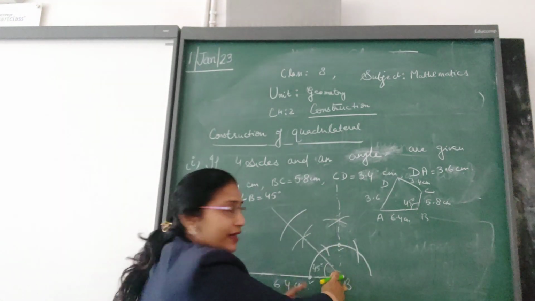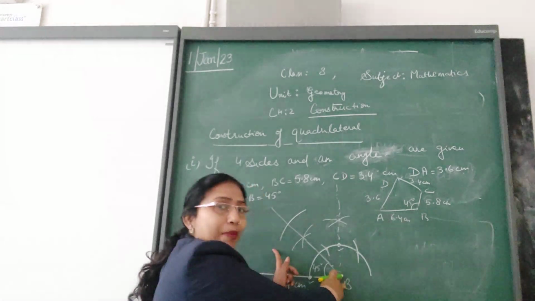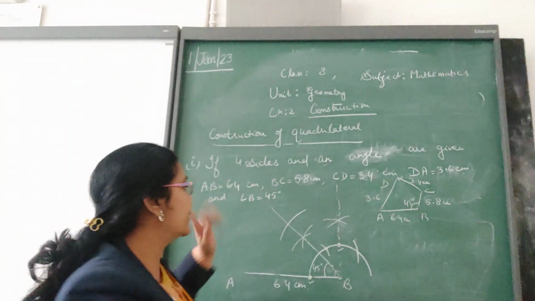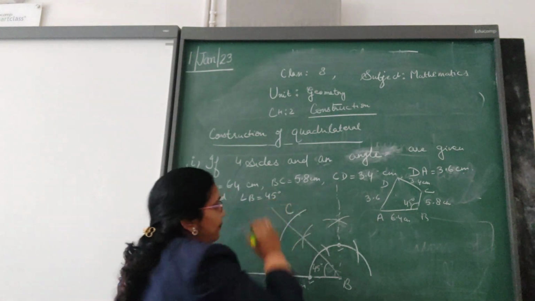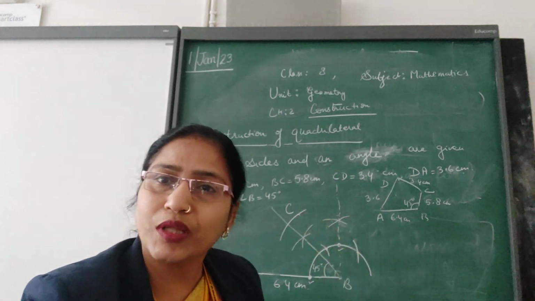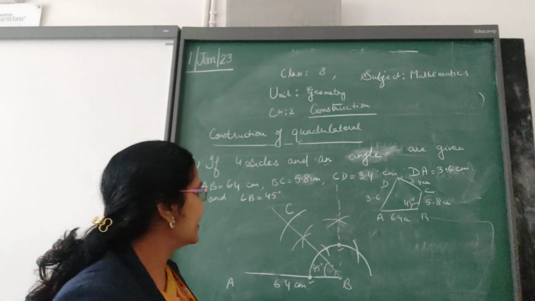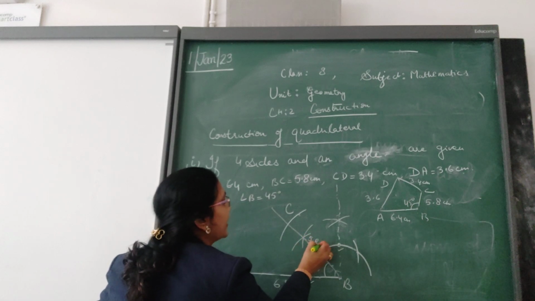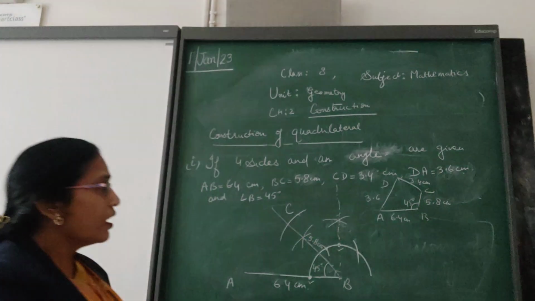If B is a center and you draw the arc, it will intersect the 45 degree ray at the point C. Got it? Now what is the length of BC? BC is 5.8 centimeter.